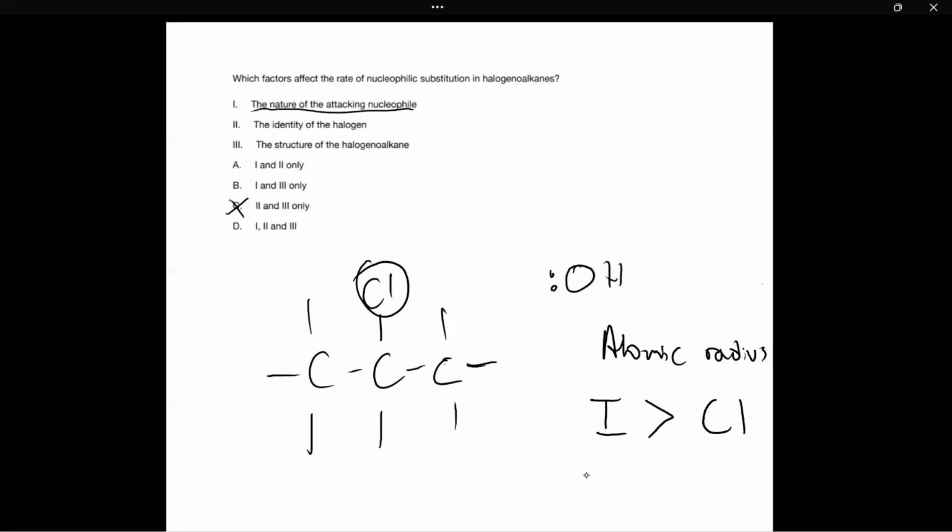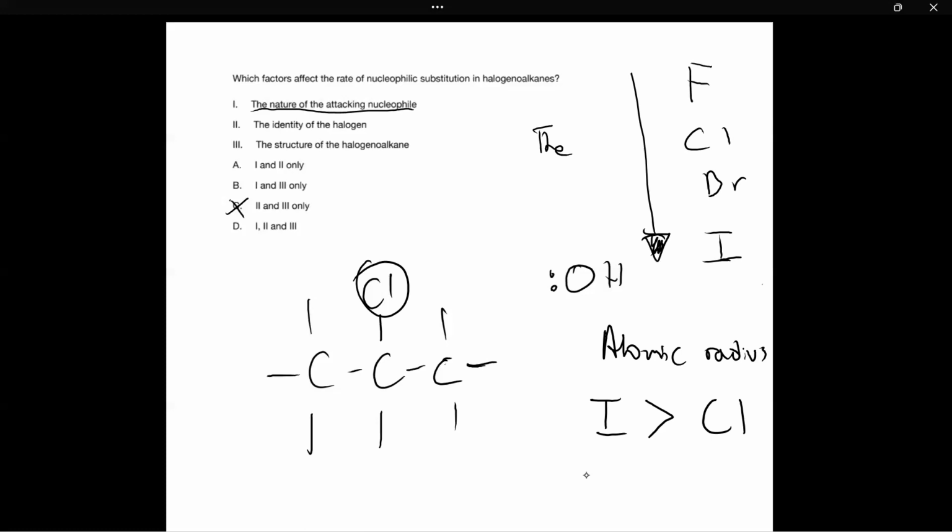If an atom has a larger atomic radius, it's going to find it easier to leave than if it has a smaller atomic radius. So as you go down the halogens in group 17 of the periodic table, the ability of the halogen to leave becomes easier.